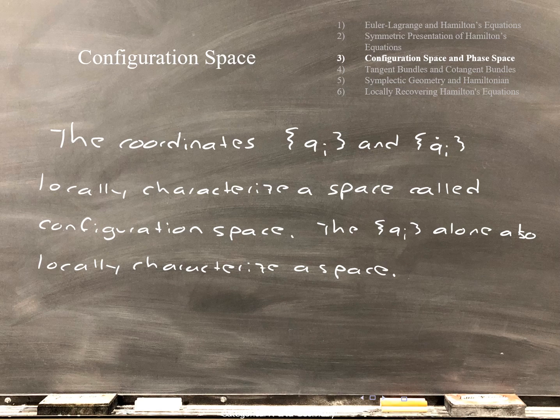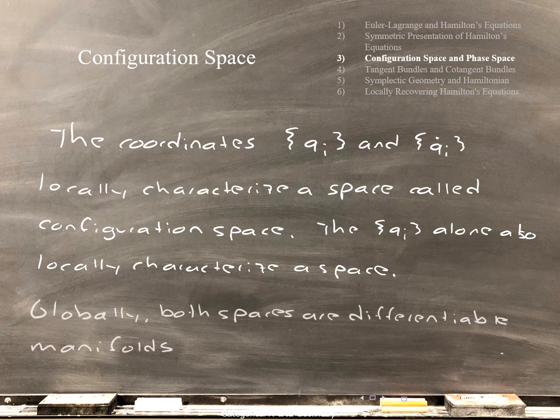So I would also like to mention that the generalized coordinates themselves, just ignoring the velocities, will also constitute a space. And this is being done locally in this case, but it will actually have a more global nature. Right.